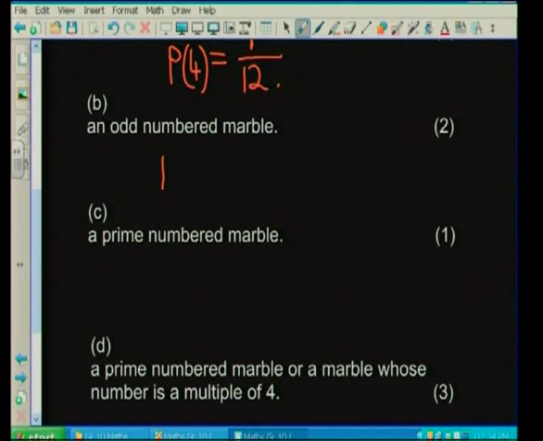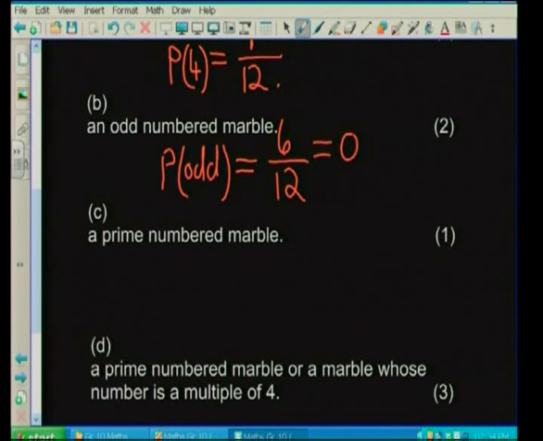So the probability of drawing an odd numbered marble is the number of odd numbered marbles, 6, divided by the total sample space, which is 12. We could write it as 50%, or 0.5, or we could just leave the fraction. It doesn't make that much of a difference.